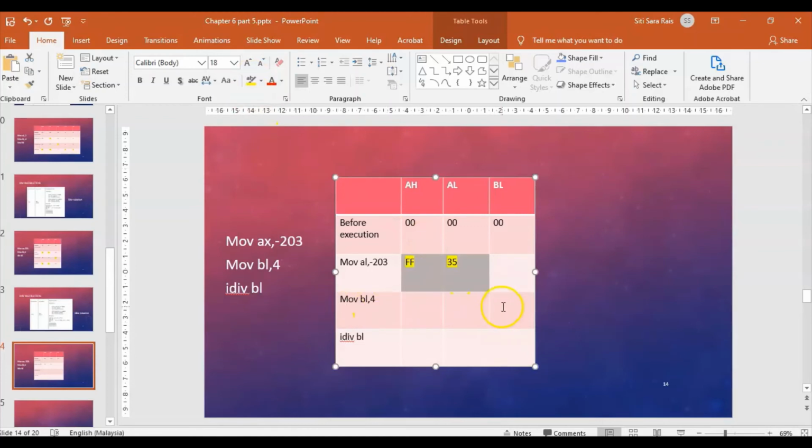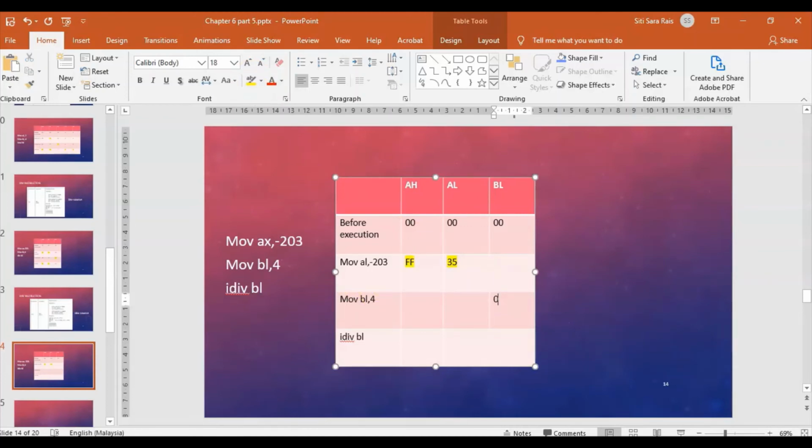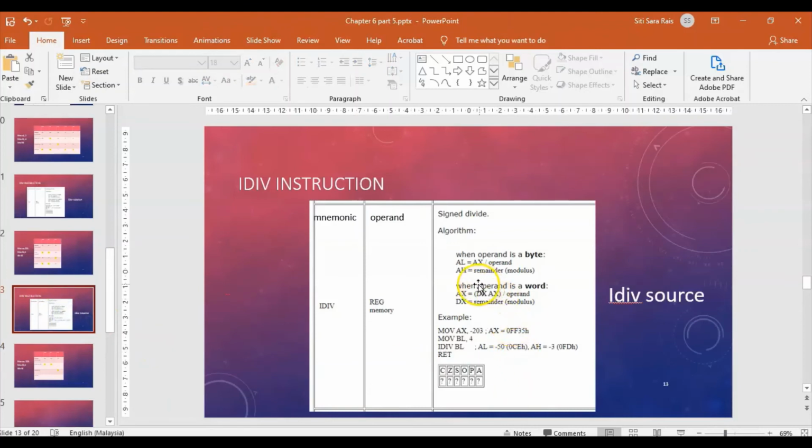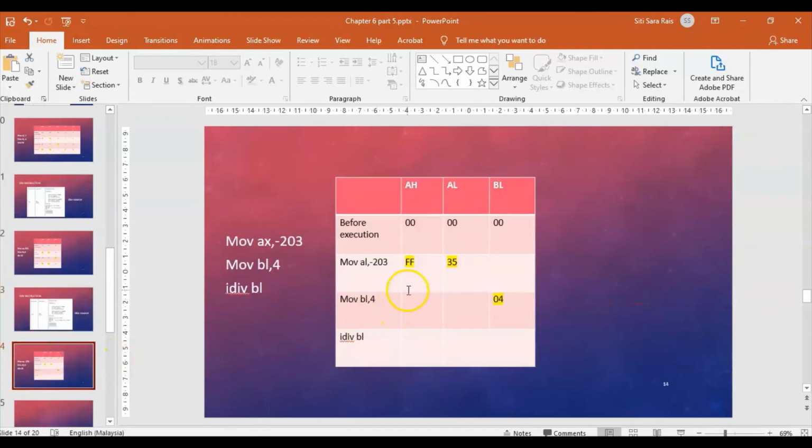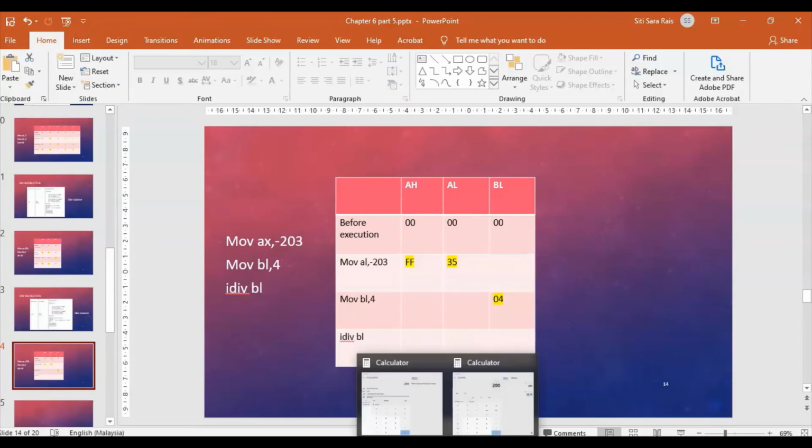Then BL equal to 04. Then IDIV, what happened? The operation is AX divided by the operand and saved in AL. Just now we had 203, so we will get a negative result, right? It is supposed to be negative 50.